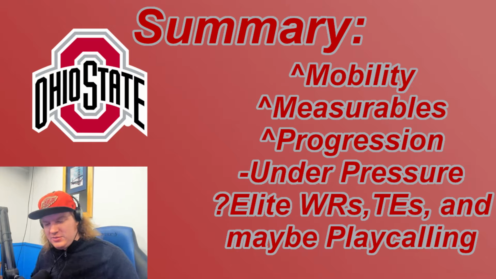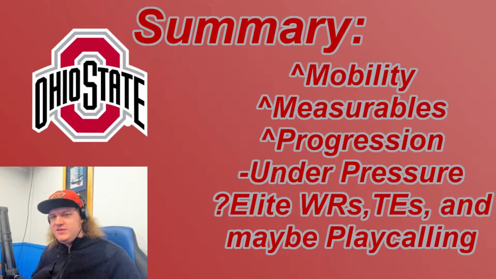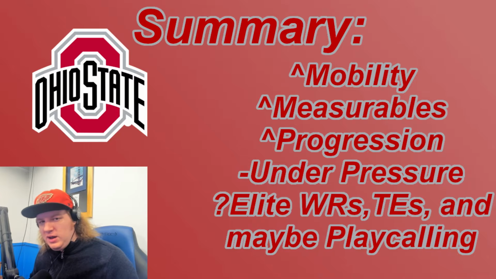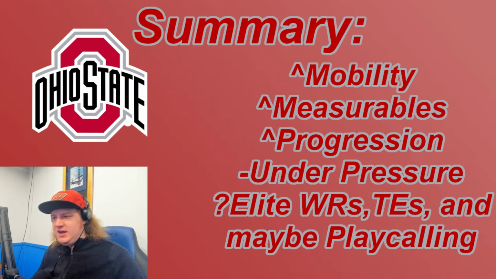Anticipation is a different trait, which I didn't put in here because it was hard to tell. The wide receivers are so goddamn good and they're getting open so quickly that it's kind of hard to assess if he's anticipating people getting open or he's just like, oh, Jeremiah Smith's going to be open. Oh, Carnell Tate's going to be open. Oh, Claire, the tight end, is going to be open because he's on a safety and that's a mismatch.